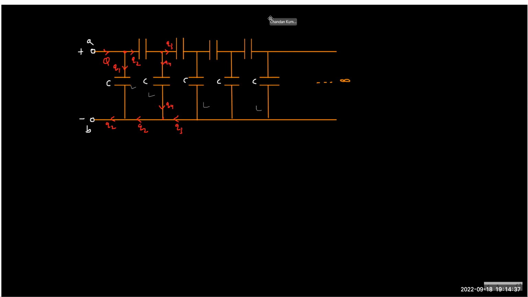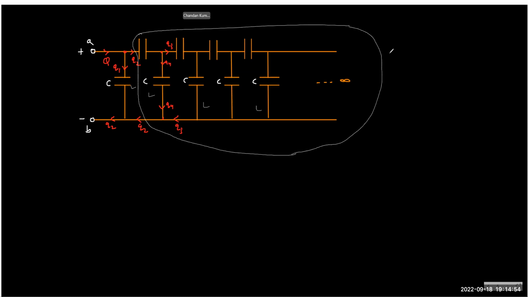So I'll pretend that this entire term is a single plate. If I call this a hypothetical C equivalent, some C dash, then what is the C equivalent now? So CAB we can write as C dash upon C plus C dash, isn't it?